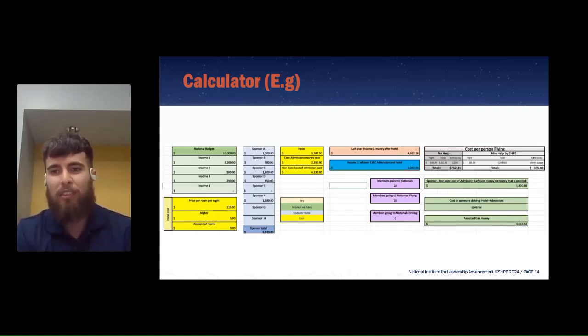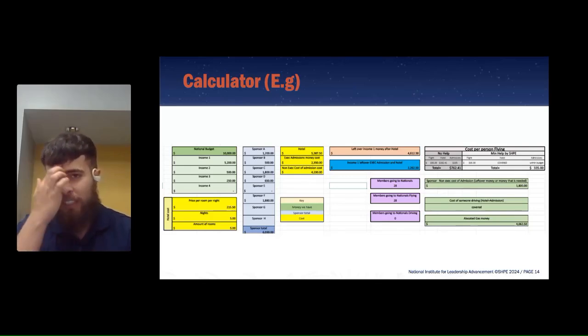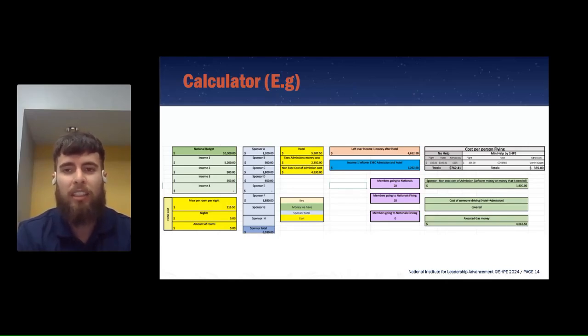What money is left over is how we take into account how much gas money we have for members and how much we're going to spend on admissions and flights. Then in your top right, we have the cost per person if they're flying, and whether it's within the budget to cover admissions and how much the flight currently is. However you want to run your calculations, I recommend starting an Excel sheet from scratch, because when you start making your own formulas, you're really going to understand how it trickles down to each number. Allocated gas money is the money we have after taking all of that out.